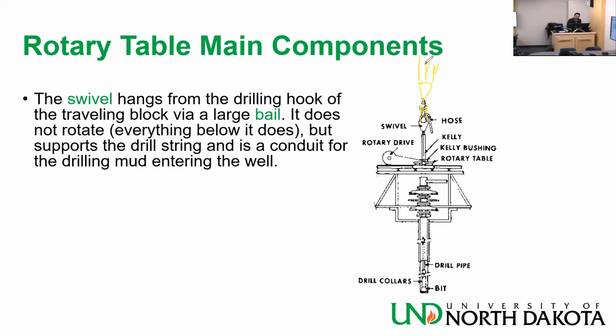And then on top of it, you have the crown block, etc. So this is the Kelly, which is square or hexagonal. I have heard about octagonal Kellys. I never saw one. And this is the rotary table, which is providing the rotation.